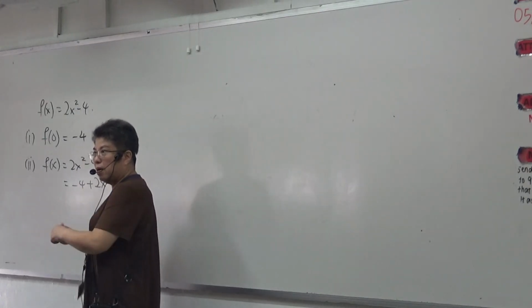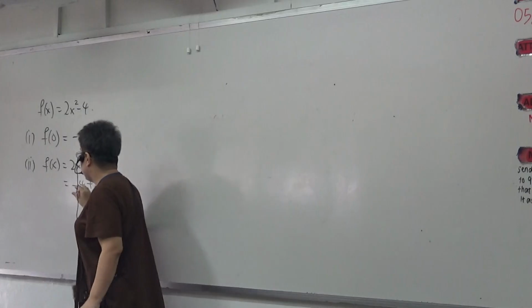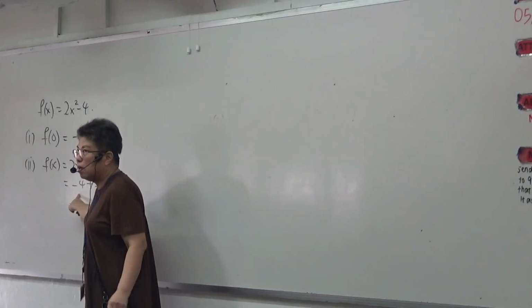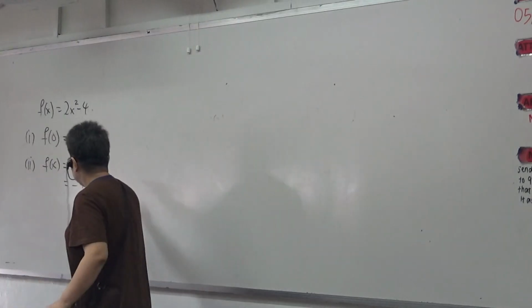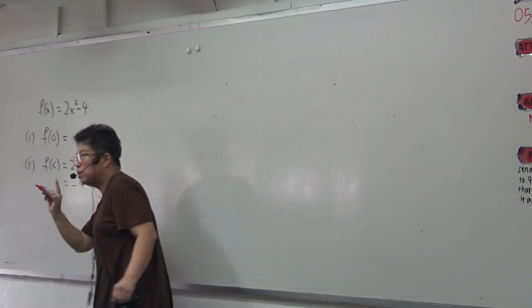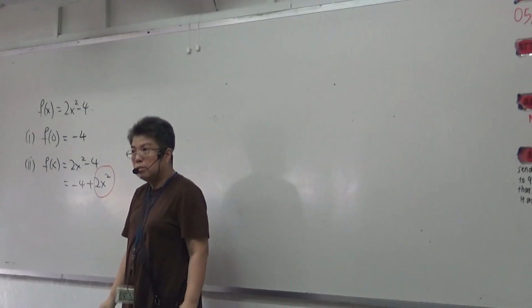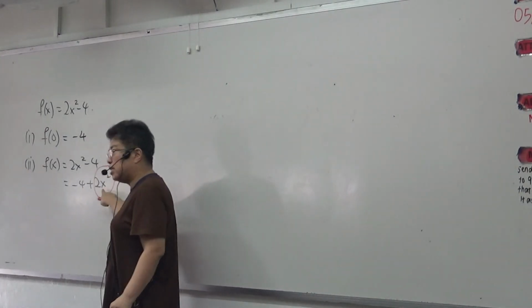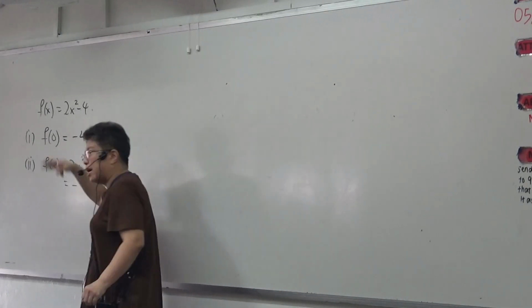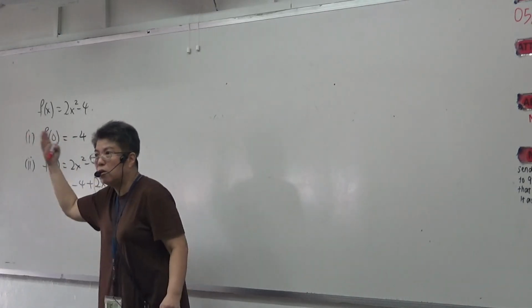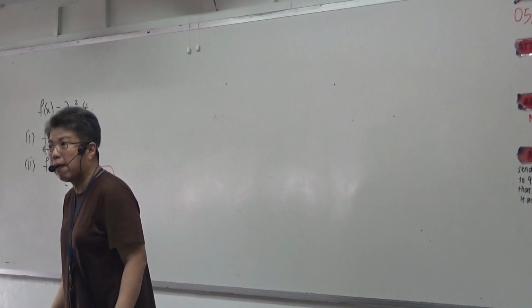Correct? Now, this negative 4 is actually the minimum value. Can you see that this guy here will always be positive? Because x squared, unless it's 0, then it becomes 0. Otherwise, it's always negative 4 plus something. So it's always bigger than negative 4, right?